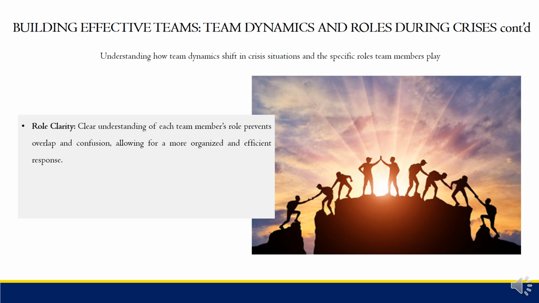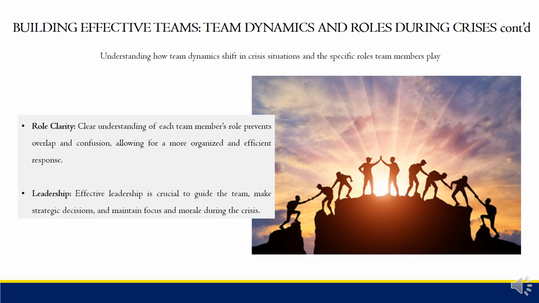Clear understanding of each team member's role prevents overlap and confusion, allowing for a more organized and efficient response. Leadership. Effective leadership is crucial to guide the team, make strategic decisions, and maintain focus and morale during the crisis.